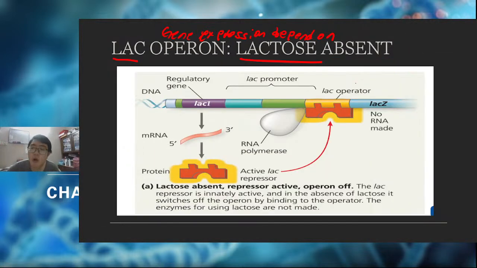This is the general operon system for E. coli. Why is this called the lac operon? Because it depends on lactose. They take the name from LAC, so they call it the lac operon.